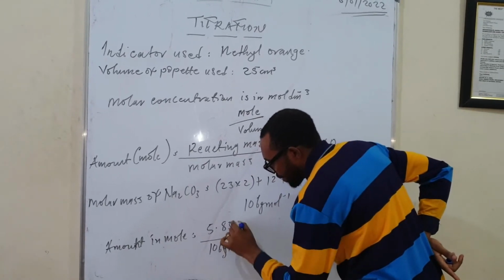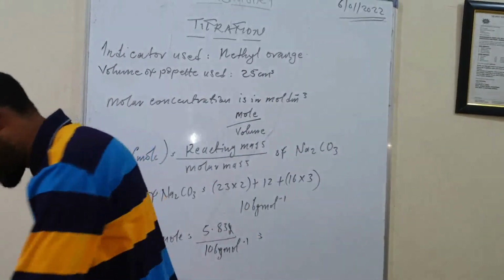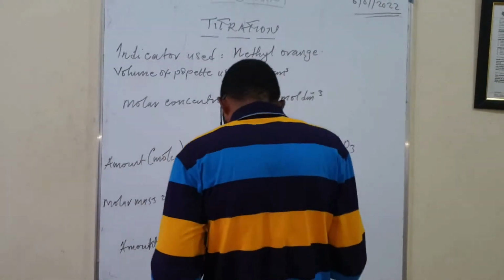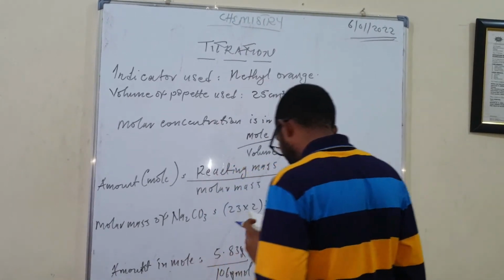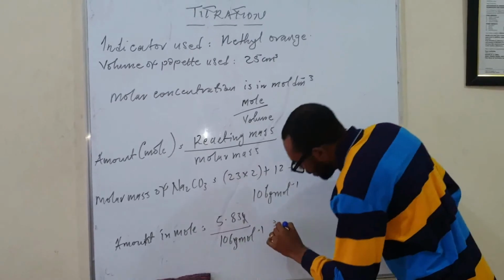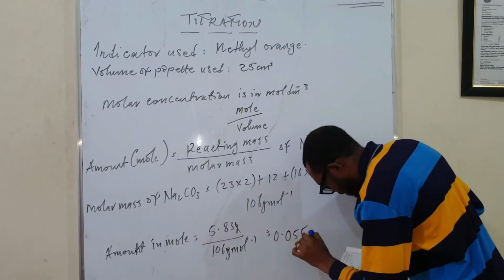The gram cancels the gram, and if you divide that, you have a value which is 0.055 mole.